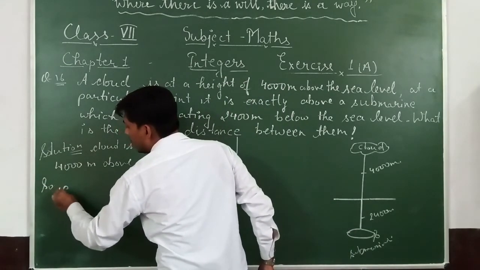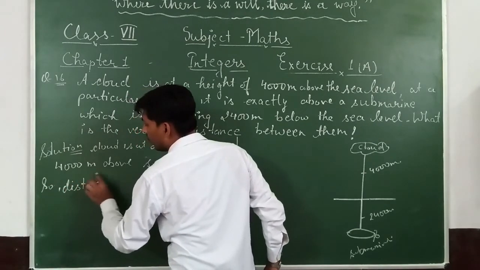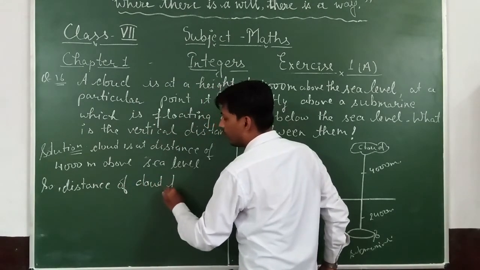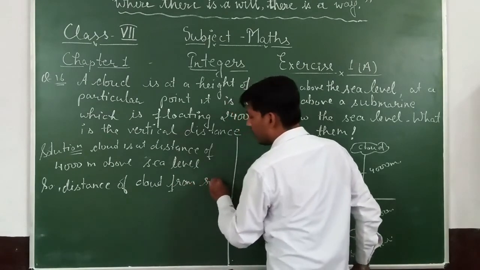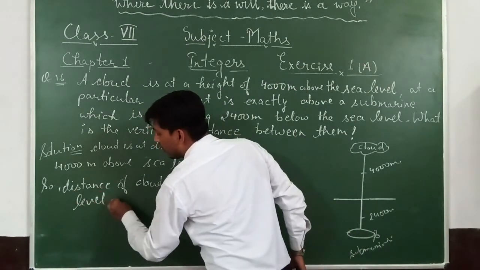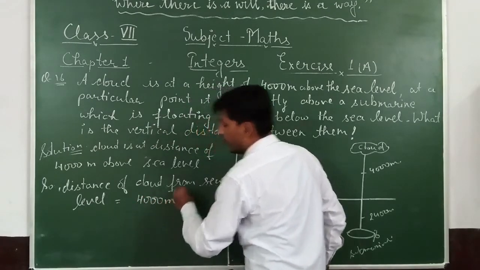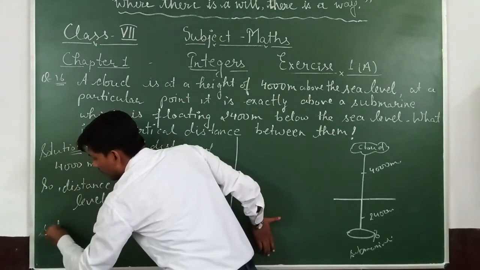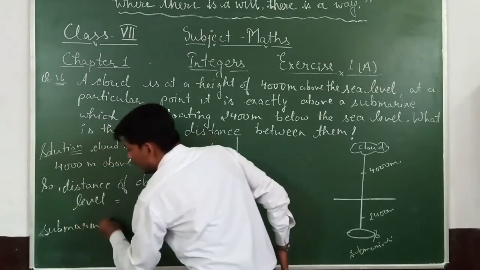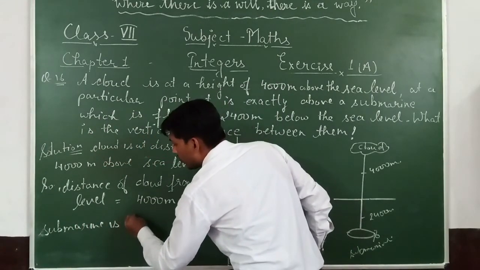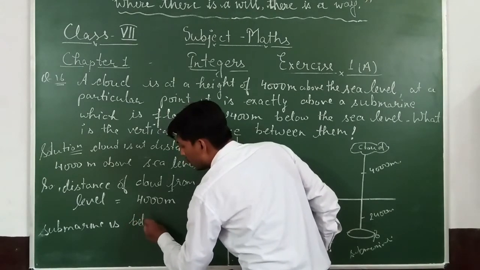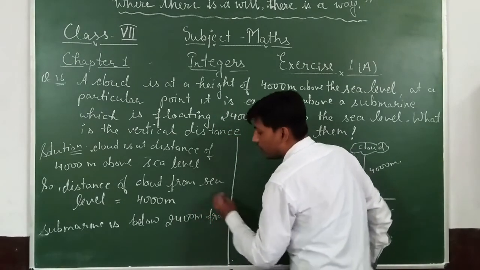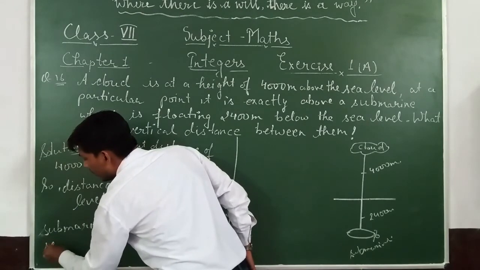So the distance of the cloud from sea level is 4000 meters. Now the submarine is below 2400 meters from sea level.